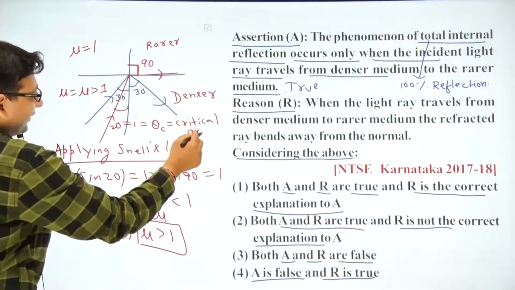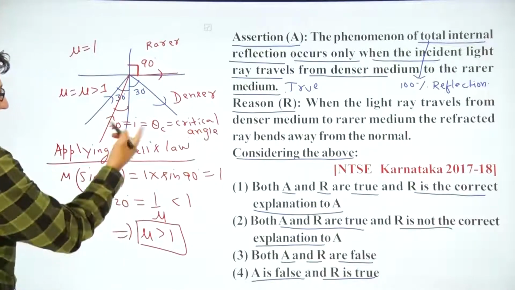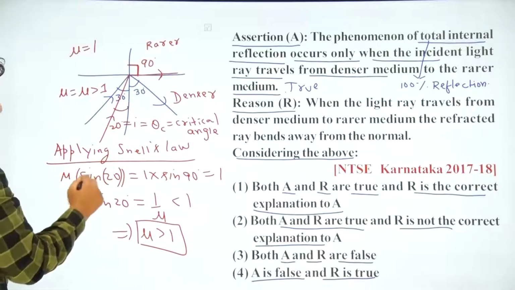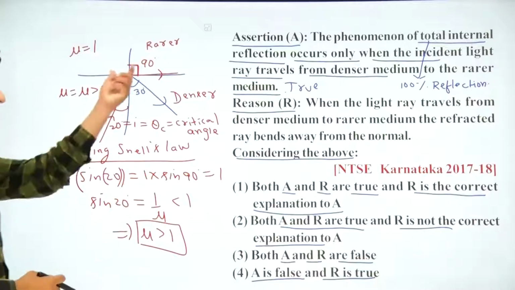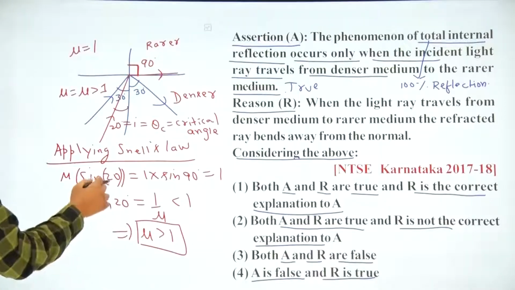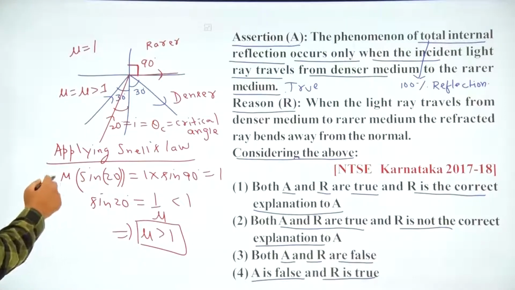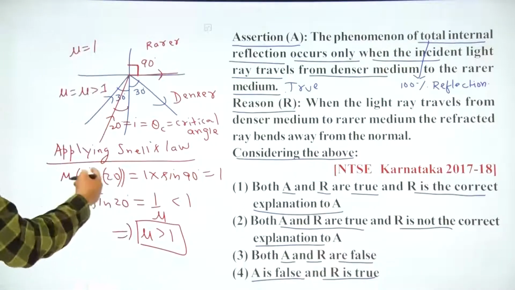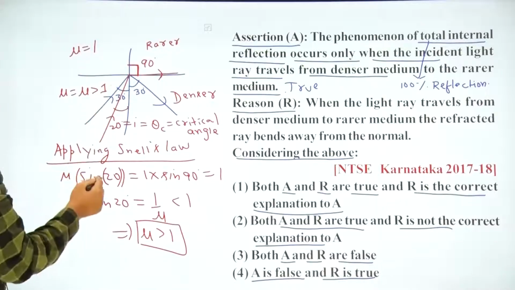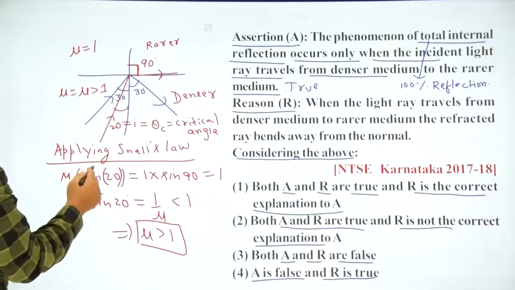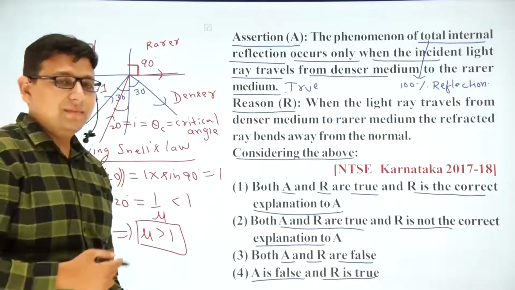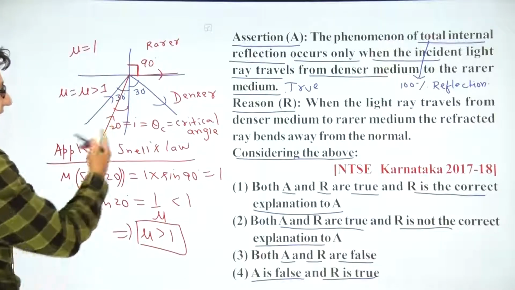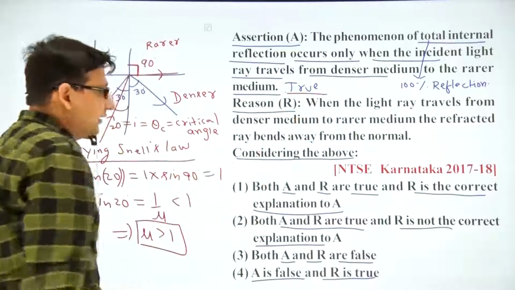If we increase this sine value, the equation holds only for 90 degrees. Since mu is a constant, the LHS will not balance the RHS if the angle is more than 20 degrees, which means there will be no refraction. So we have reflection at 30 degrees. Yes, this statement is true.